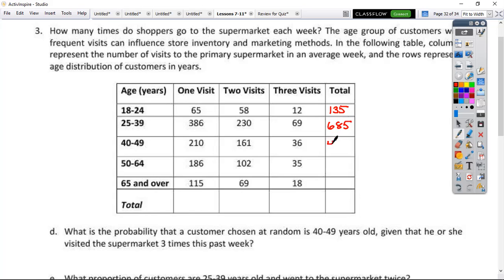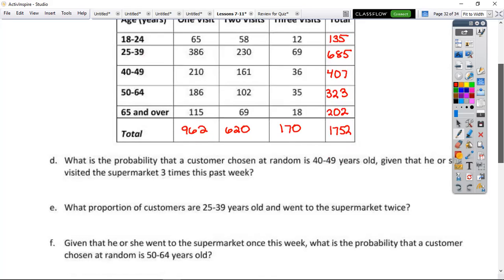Next is 407, followed by 323, and 202, and 1,752. Last row is 962, and 620, and I've got 170. And all you're going to compute on here is just a couple quick probabilities.